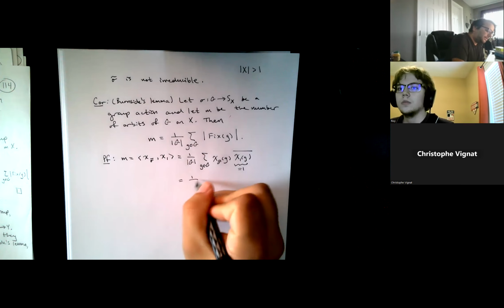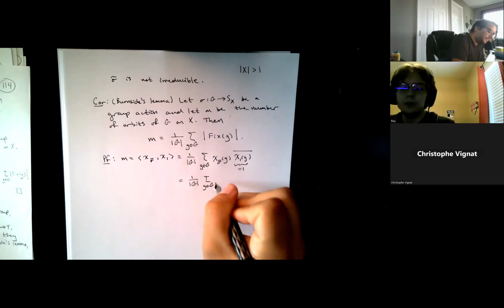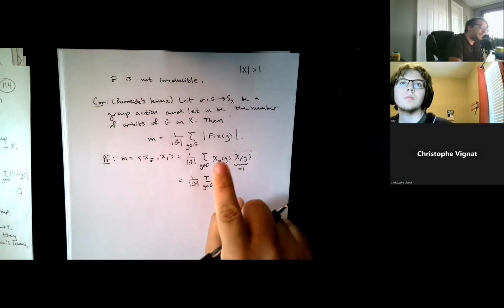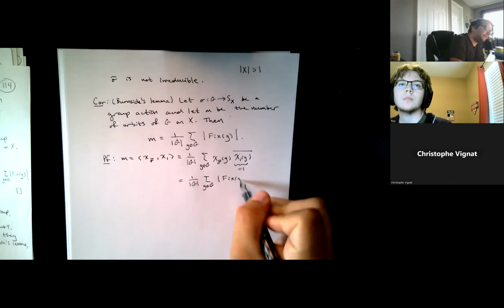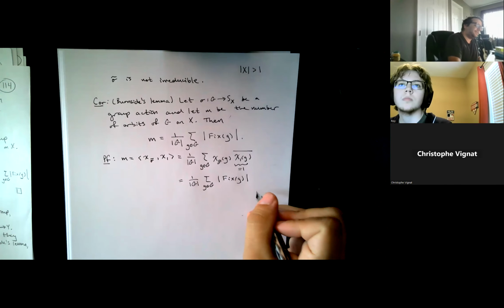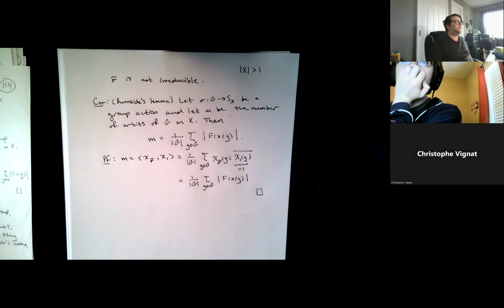And we showed earlier that this character was equal to the cardinality of the fixed set. So I used 3 propositions that we previously proved here. And that proves Burnside's lemma. Okay, all right.